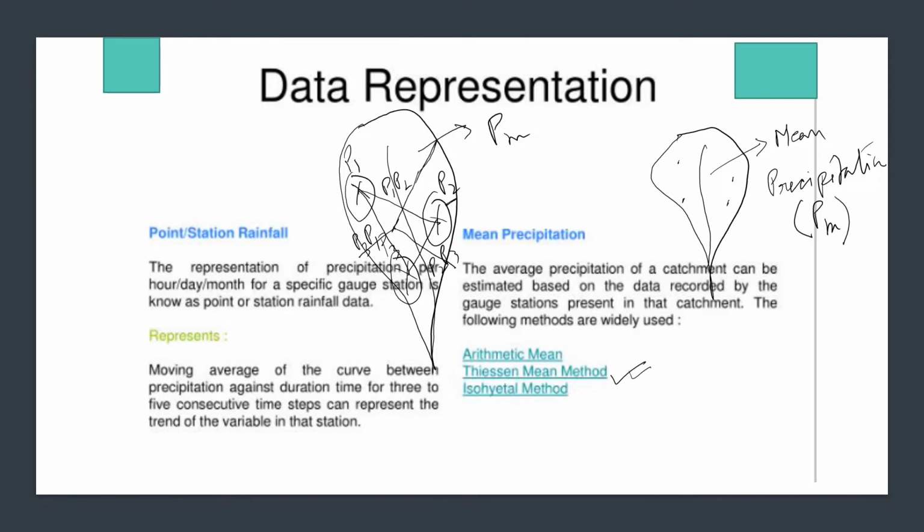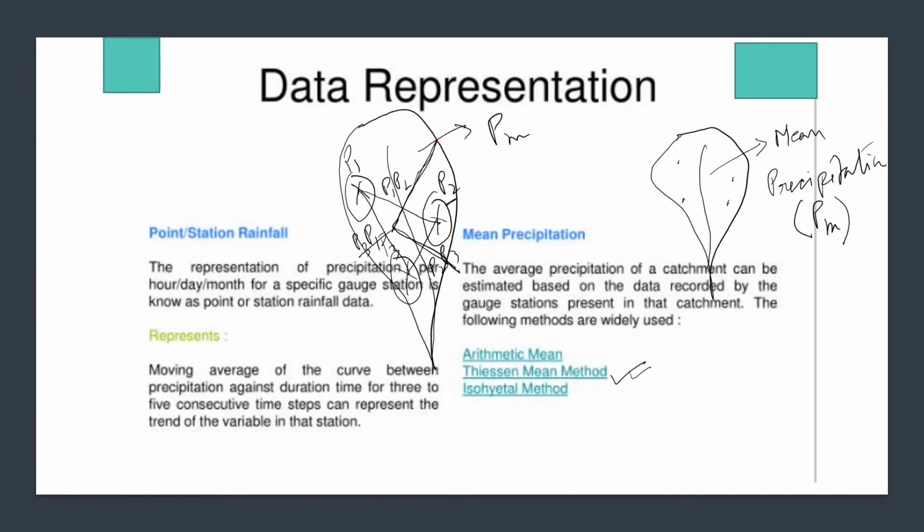So the polygon is like this, correct? Let it be more clear. Now this is the bisector. This line is extended until the boundary of the watershed.